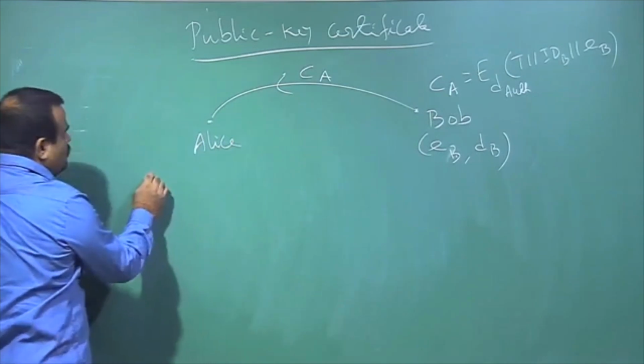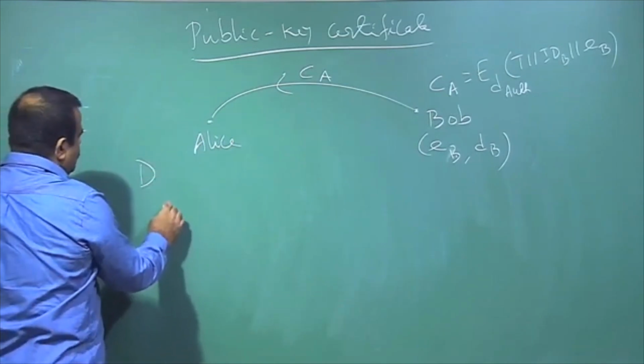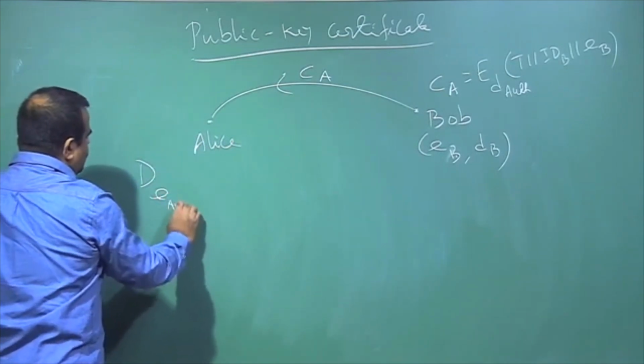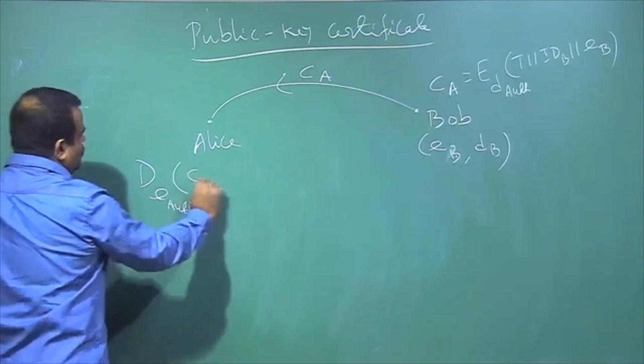So, what will Alice do? Alice will decrypt it using the authority's public key on this CA.